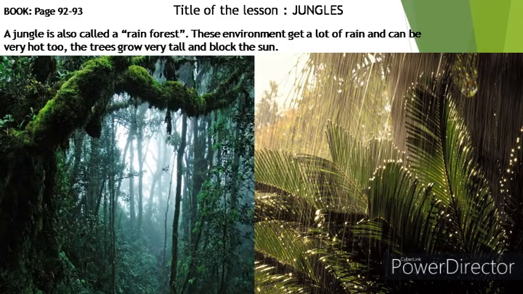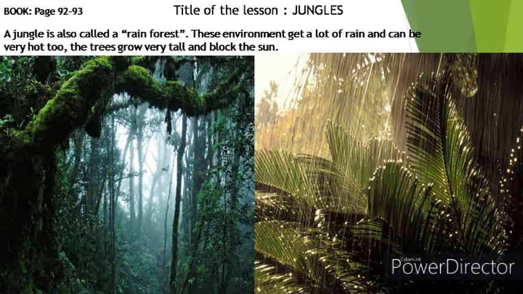As I told you, pages 92, 93. What is the title of the lesson? The title of the lesson is Jungles. Let's read together. A jungle is also called a rainforest. This environment gets a lot of rain and can be very hot too. The trees grow very tall and block the sun.